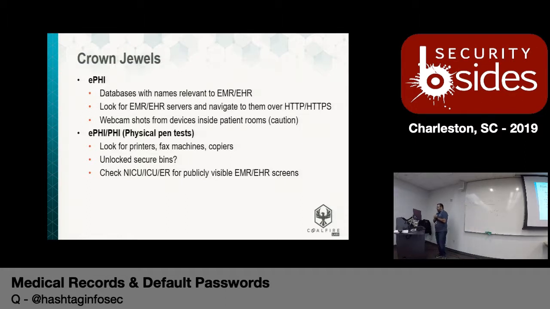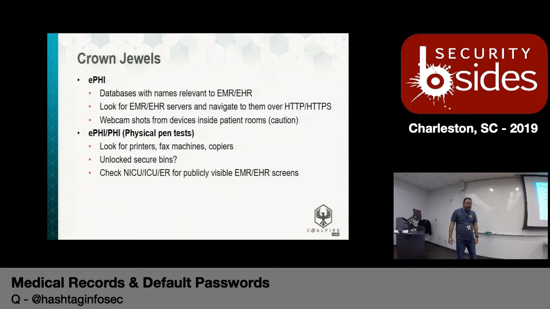All right, for physicals, look at printers. A lot of times the clinicians will print something and it will be sitting in the printer for 10 minutes. Or you can look in the secure disposal bins. A lot of times you can just reach in and grab some paper PHI out because it's overflowing and the secure disposal company hasn't picked it up yet.